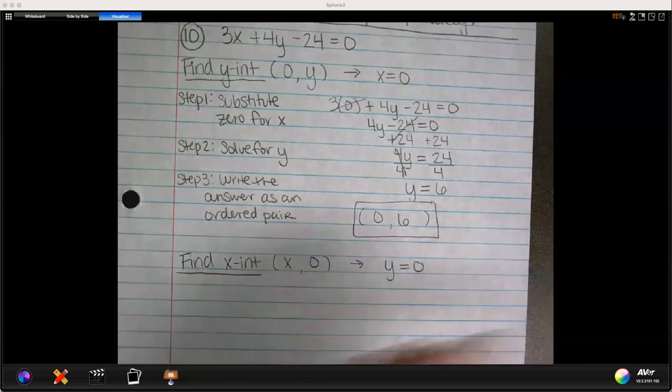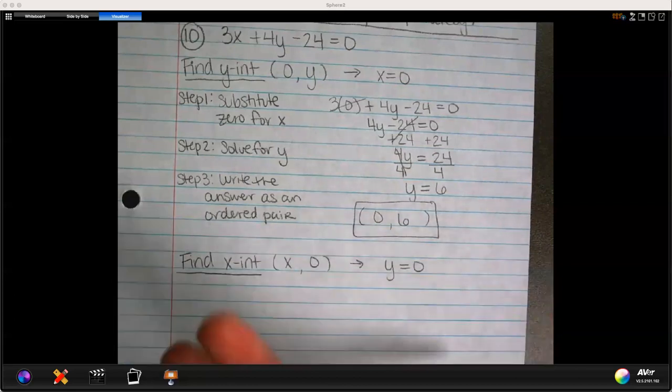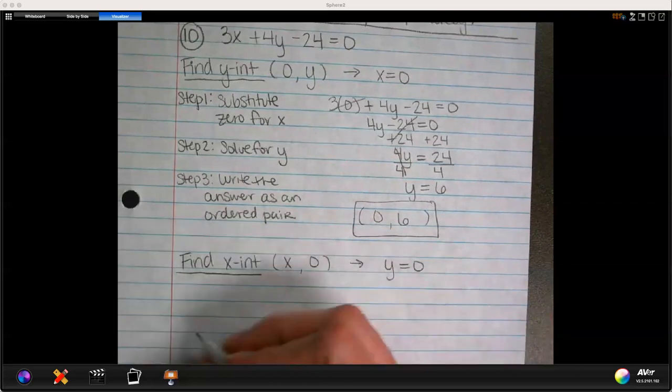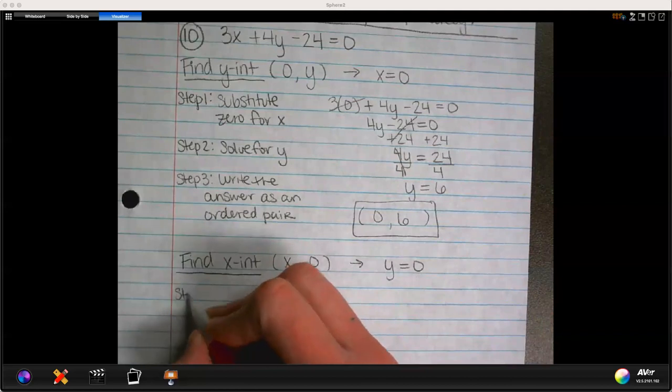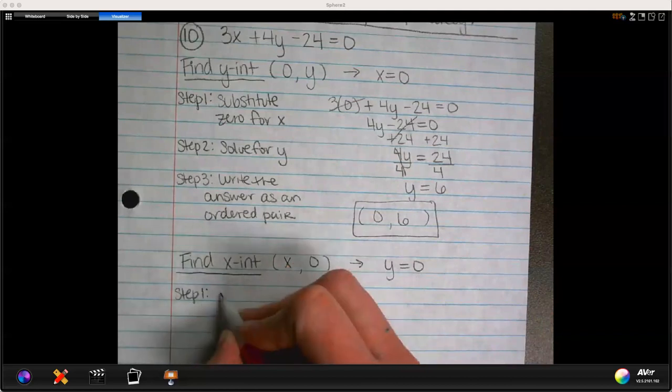And so my steps are going to be similar, but opposite, right? I'm not going to substitute 0 for x. I'm going to now substitute 0 for y.